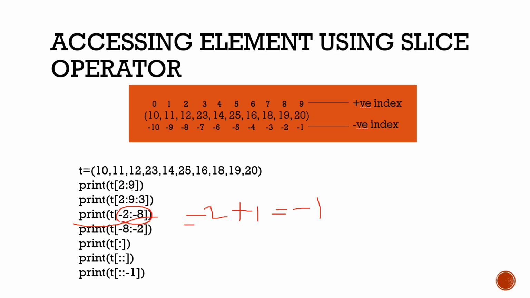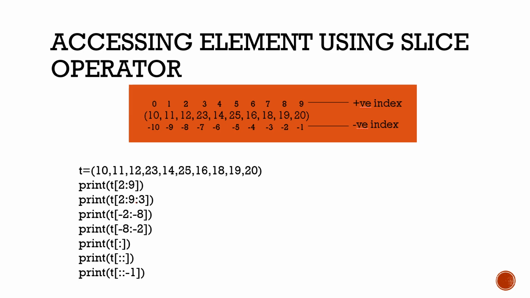With this one, I cannot reach minus 8 because I am moving in the other direction. Minus 1 plus 1 becomes 0, so it is not going to generate proper indexing here. That's why for this one it is not going to give you any result. It is just going to return empty parenthesis, because the indexing is not in a proper sequence, not in a proper manner.